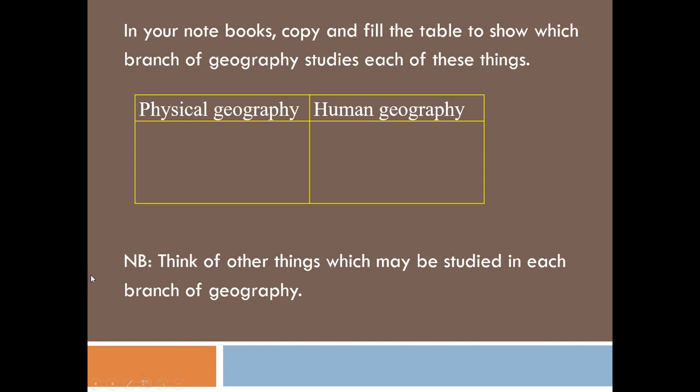No. So I want you to think about other things and include them in your table, in your notebook. Include other things that we can study in each branch of geography, the physical geography and then the human geography, making reference to the surrounding where you are found. So that is the meaning of geography.